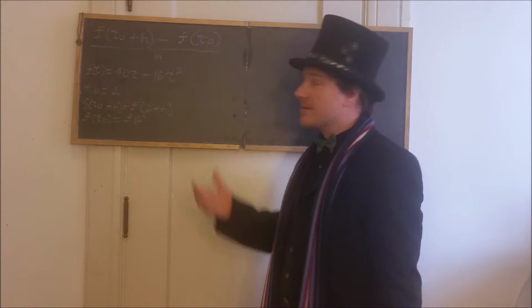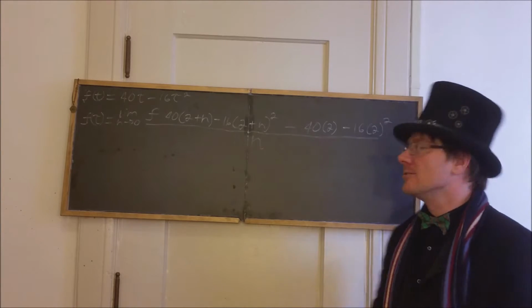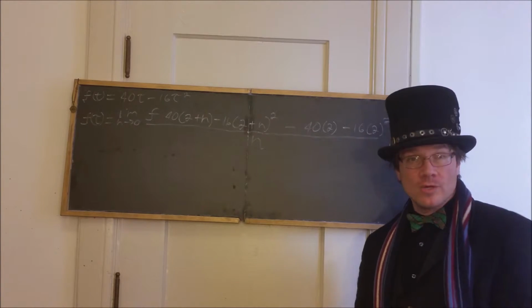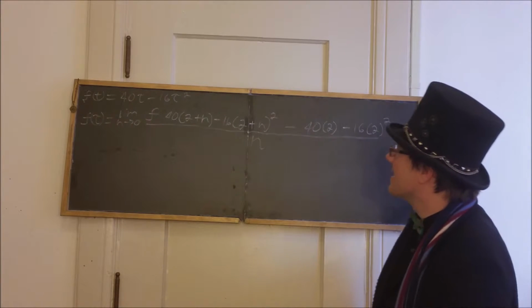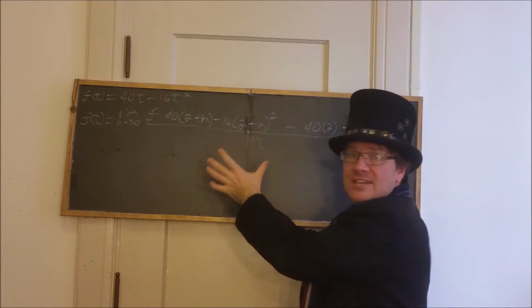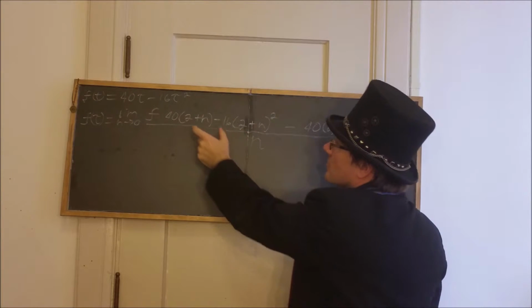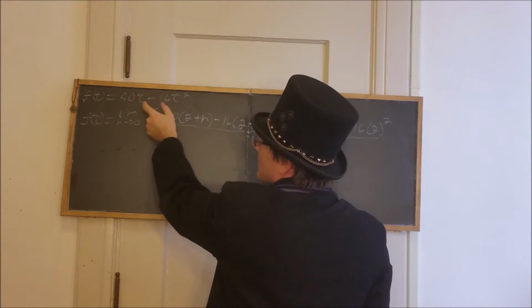And so let's look to see what that'll all look like after we plug everything in. So I'm going to erase the board now so that we have room to work. Right, so here we have what it would look like with everything plugged in. Like I said, we worked with the left side of the equation, and we plugged the 2 plus h into that equation there.